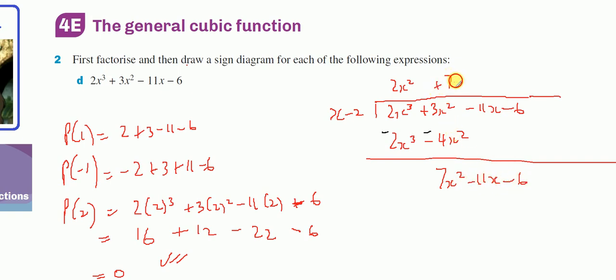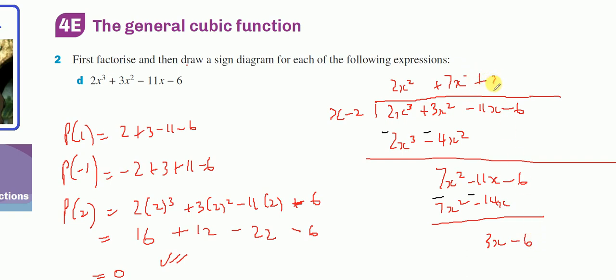So then plus 7x, 7x times x is 7x squared, 7x times minus 2 is minus 14x. Subtract the second one from the first. That plus that's nothing. Minus 11 plus 14 is 3x minus 6.